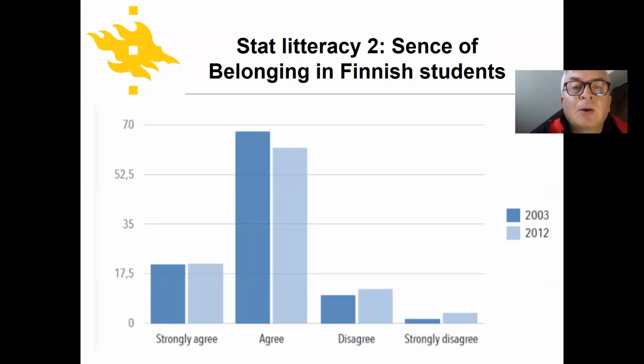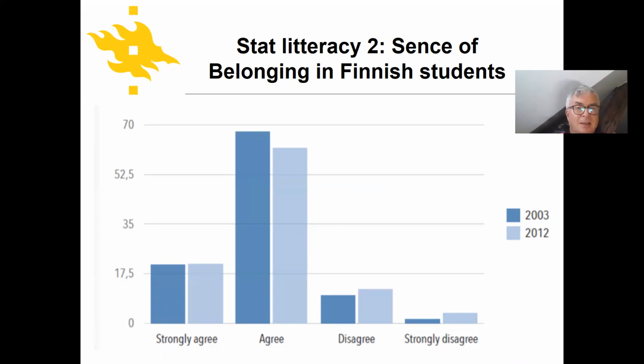So here we again have sense of belonging in Finnish students, but now you can see that if you look closely here, strong agreement and less so, but you can see that the differences are not that great. Same number, not that big a difference. So there is some change, yes.